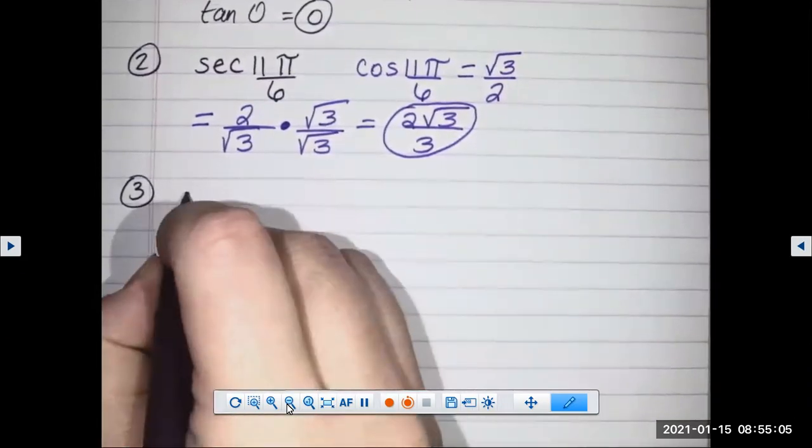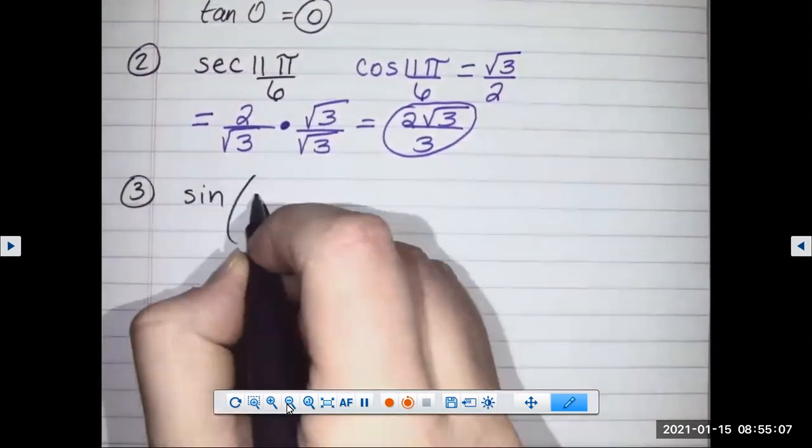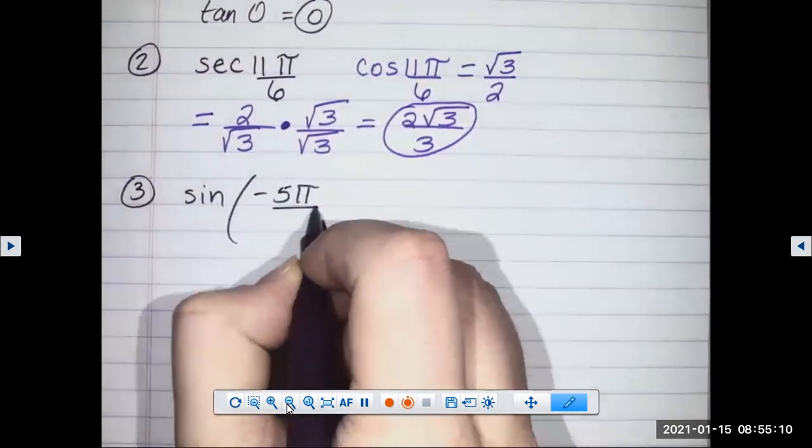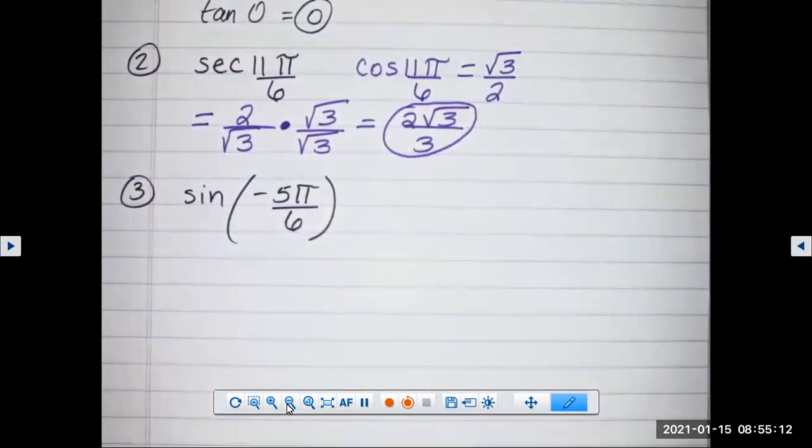All right, let's look at a negative angle. Sine of negative 5 pi over 6.